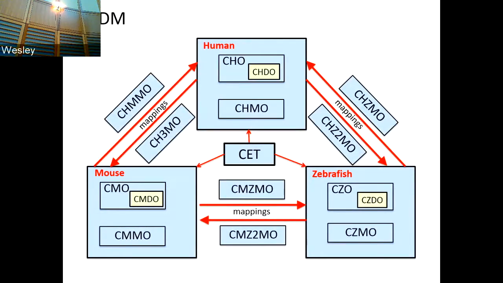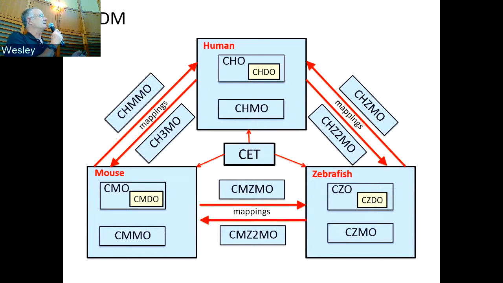Basically, the OCDM is a set of modules or sub-ontologies, and this year on FaceBase 2, we've added, of course, the zebrafish. These are all in response to needs by the scope projects. And so this is divided into these three species. Within each one of those, we have a module or a sub-ontology.